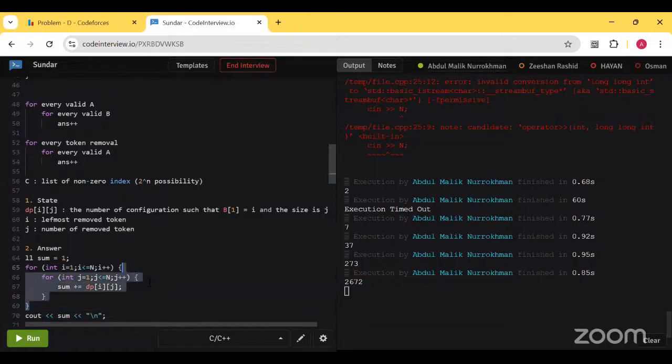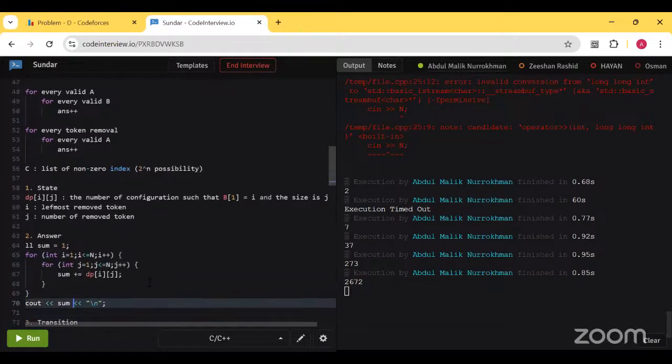Okay. So the answer is just the sum of all of them. But remember, we can also remove nothing. If we remove nothing, there is only one possibility.